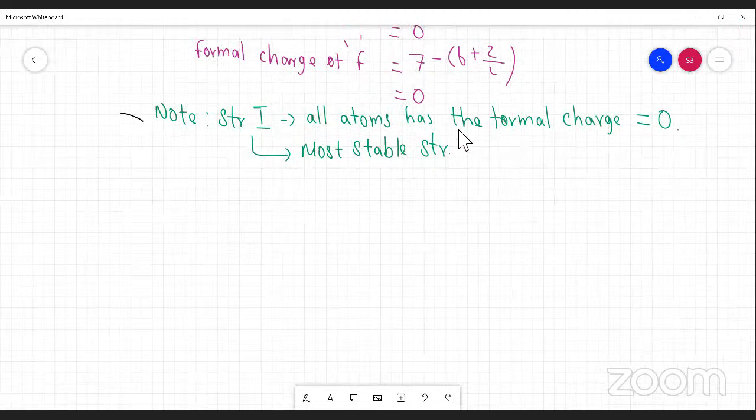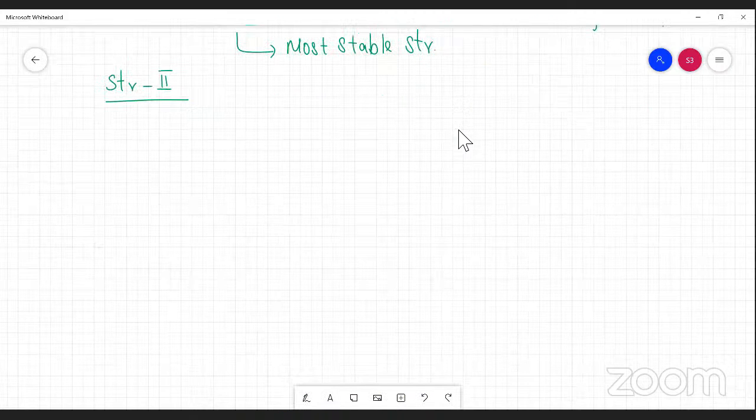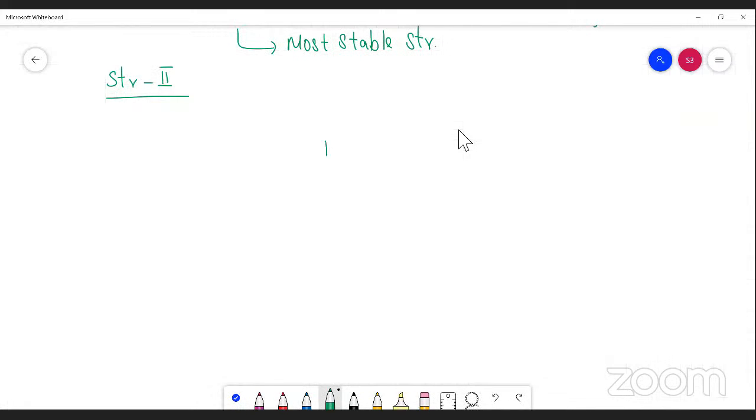So here it is structure 2 for BF3. Listen, here is boron, and here fluorine, and here a fluorine, and here a fluorine.